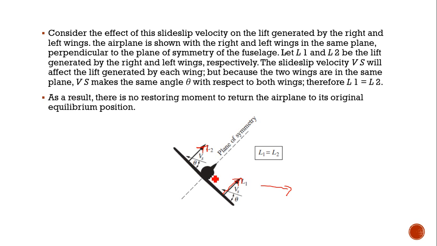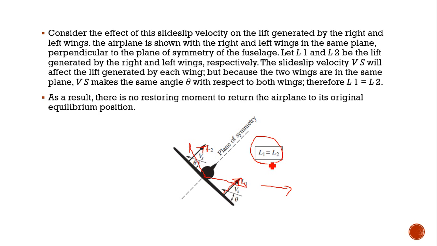But if you give a dihedral wing like this, the lift on both sides will not be the same. If the lift on both sides is equal, then side slip will be produced, because a slight slip velocity is induced, and this moves the airplane to some new position, and the aircraft will slide down from the equilibrium position.